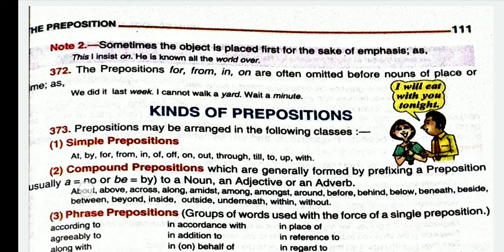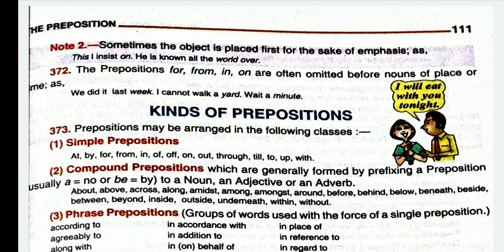For example, about, above, across, along, amidst, among, amongst, around, before, behind. You can see we have added be, like when I say below, so low is the adjective and we added be before it, and it has become a compound preposition.